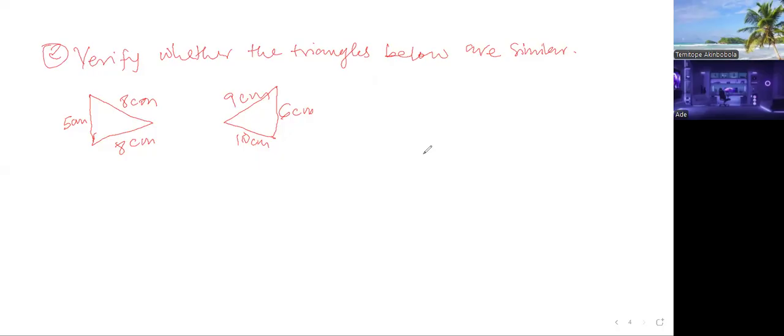It does not satisfy these three sides giving the same ratio. It does not satisfy angles. The three angles must be the same. It does not satisfy two known sides and one included angle either. So all the three conditions failed. That's good. So let's look at this one quickly.